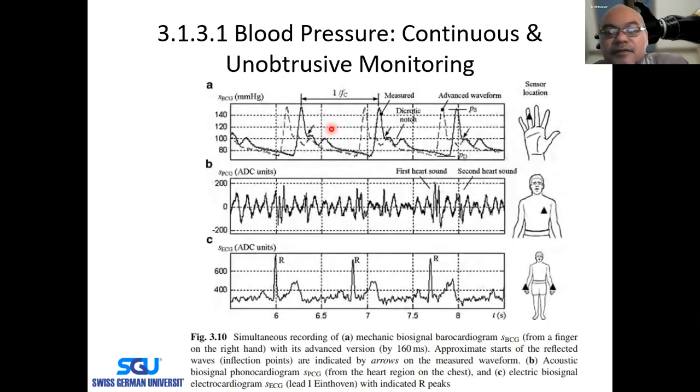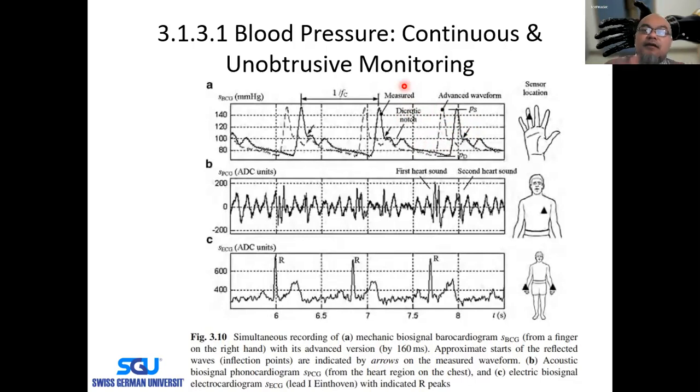This is, for example, how we can measure blood pressure continuously and unobtrusively, using the mechanical biosignal, barocardiogram, BCG, from the finger of the right hand. The solid line is the measured one. The dashed line is the advanced waveform to simulate the actual blood pressure occurring in the heart.